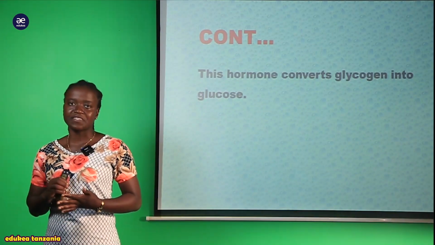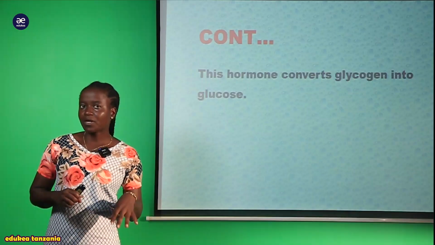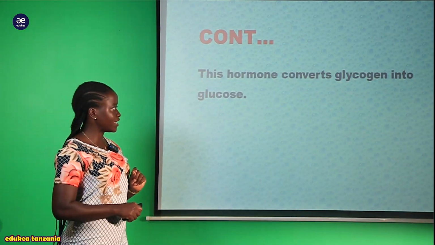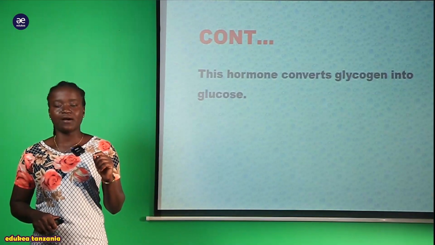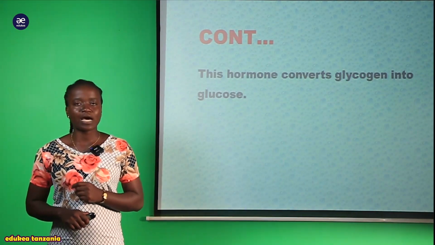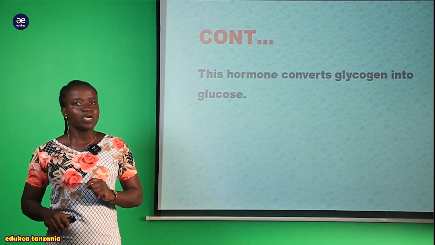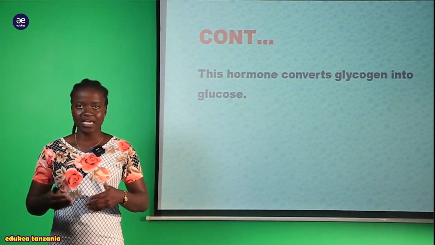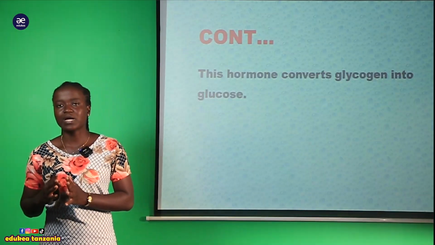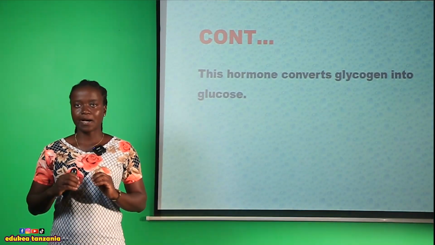It is stored within the liver. Kwa sasa pale ambapo patakuwa na kiwango kidogo cha sukari within our body, is where now this glycogen that is stored within our liver is converted by the presence of the glucagon hormone to form the glucose, and hence make the rise of the sugar level within our blood.